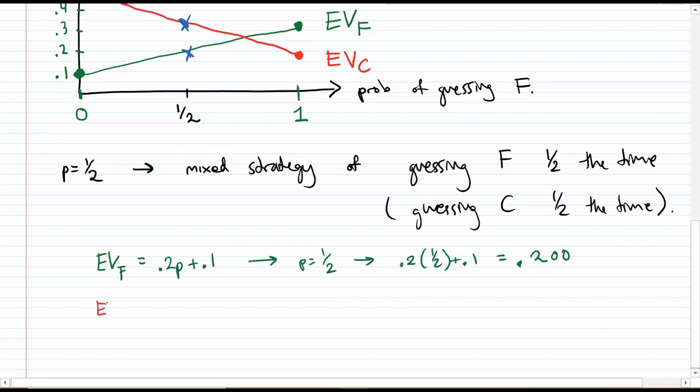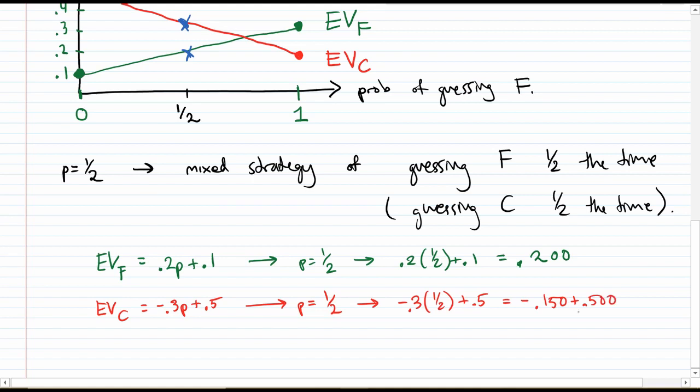and against a curveball, the formula was negative 0.3p plus 0.5. If I plug in my mixed strategy of p equals 1/2, I'm going to get negative 0.3 times 1/2 plus 0.5. And what's that going to be? Negative 0.150 plus 0.500.